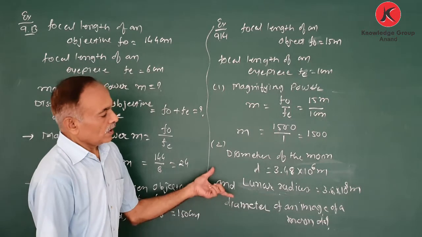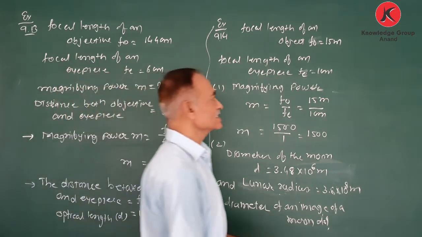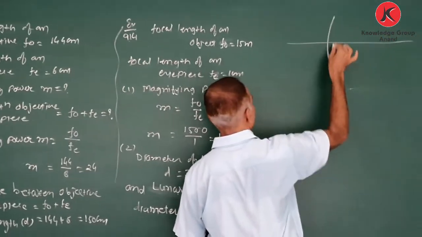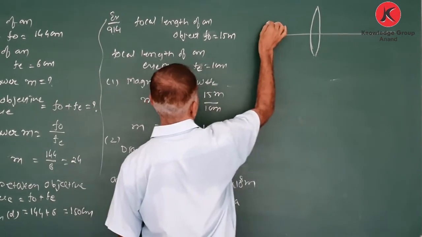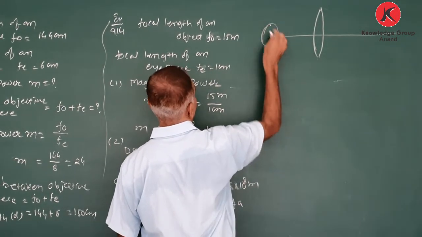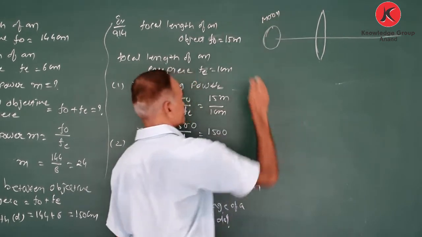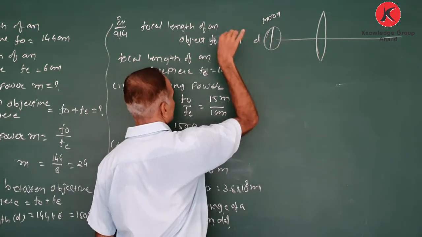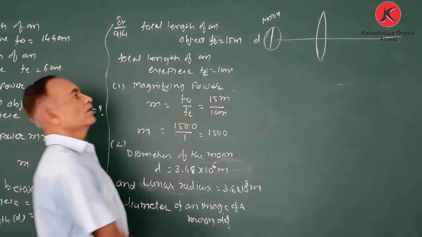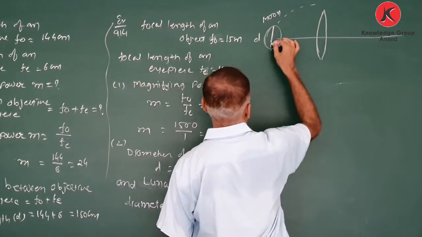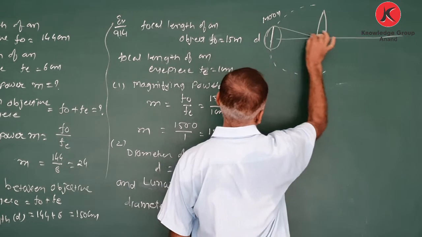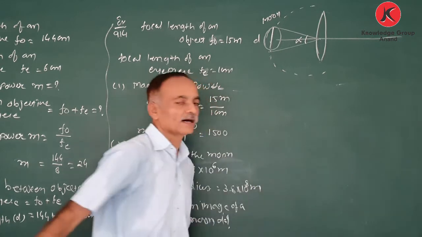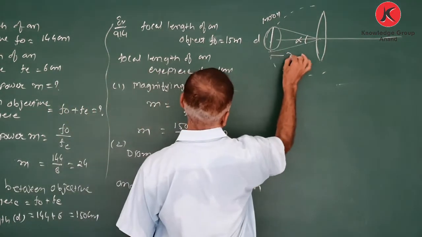Now, how we can calculate it? For that purpose, we draw the ray diagram. For this, there is an objective. Here the moon. Now the diameter of the moon is this, the capital D. Now, the orbital radius is this. Therefore, the diameter of the moon subtends angle alpha, and there is the radius r.